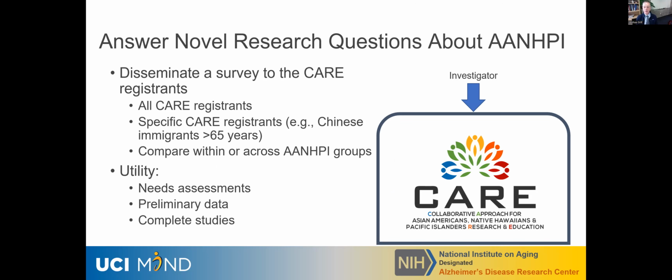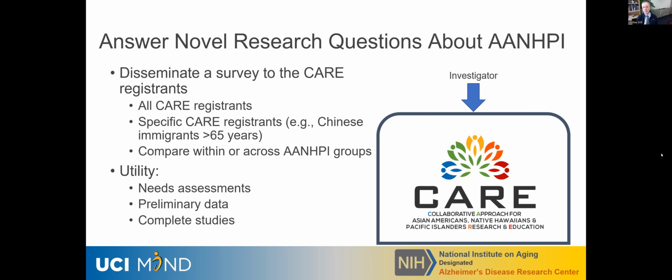And so an investigator could design a survey that could be implemented entirely within the registry, for example, sending an email link to a REDCap survey. The questions that might be asked could speak to social determinants of health or specific subpopulations that Van nicely outlined previously. But there are a bevy of ways that whole studies could be done, if you will, with the click of a mouse within the CARE registry.